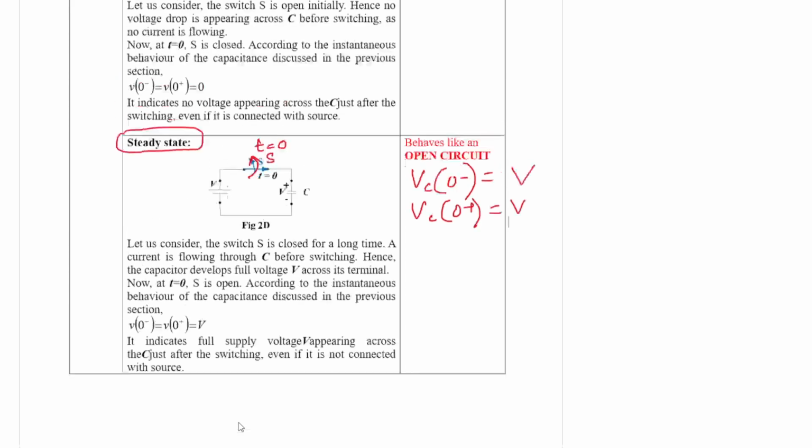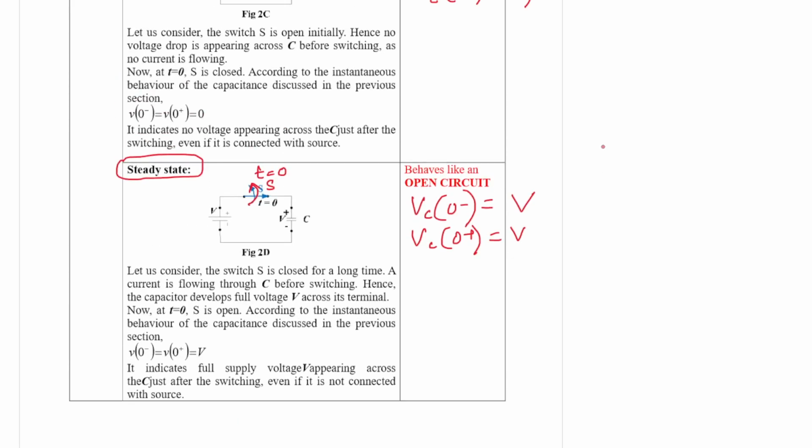Although it is open circuited, the full voltage is appearing across the capacitance. When the full voltage comes across an element, it is behaving like an open circuit.